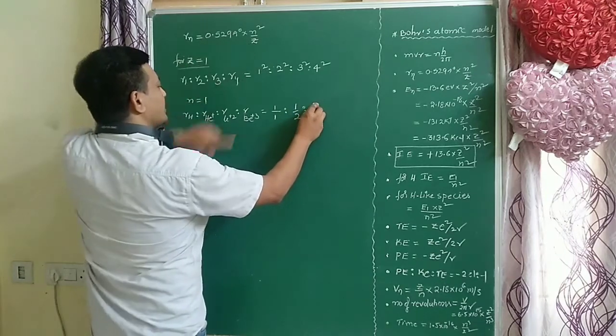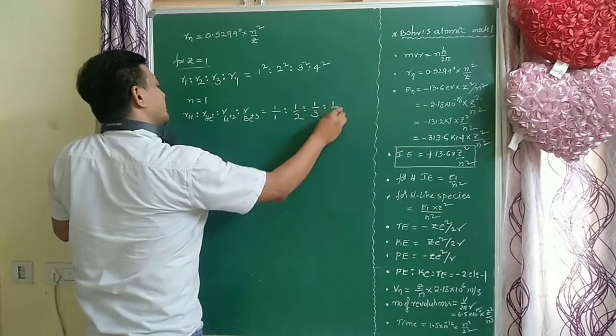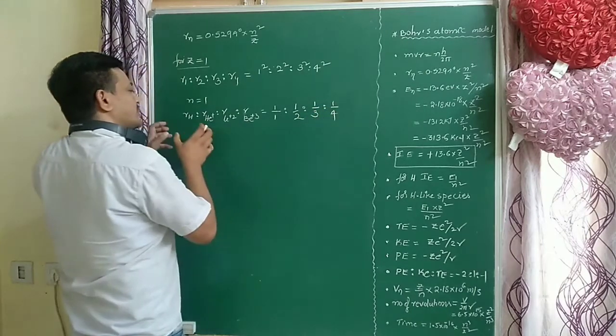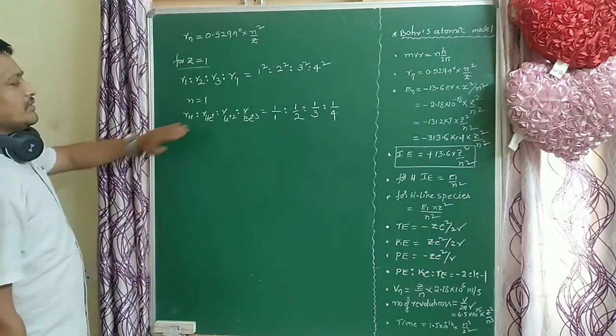For lithium atom Z is 3, so 1 by 3. For beryllium atom Z is 4. This is the radius of different atoms for a particular orbit. So this is very important.